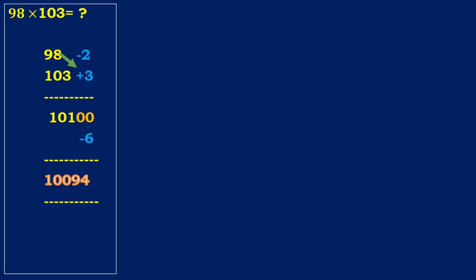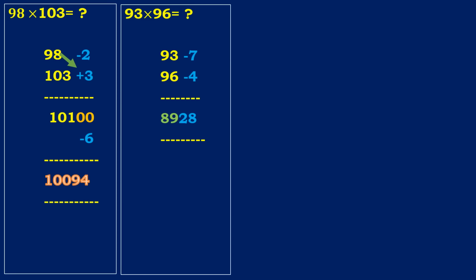Let us look at the second example, which is 93 into 96. Here, 100 minus 7 gives us 93. Similarly, 100 minus 4 gives us 96. You can take any one of these cross differences. So, 93 minus 4 gives us 89.